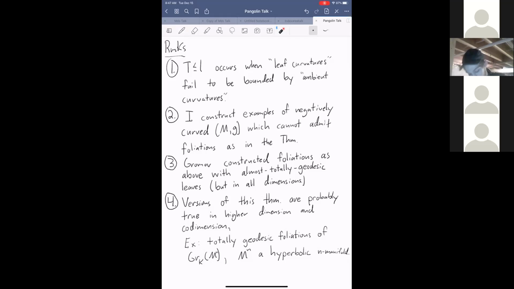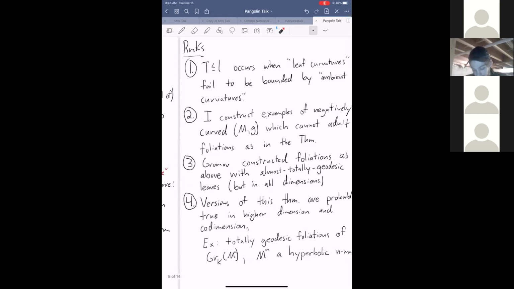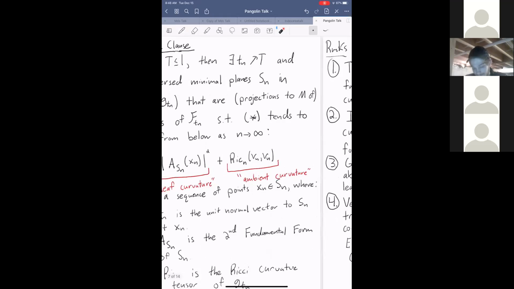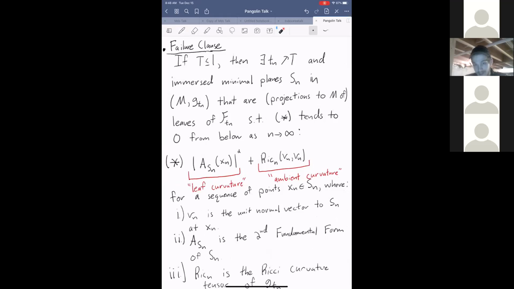And the theorem that I haven't actually written down, but I'm about 99% sure of, is that if you take a one-parameter family of metrics starting at the hyperbolic metric, like in the theorem that I just said, then you should be able to construct foliations of GRK of M, like in the theorem, and it'll work until the leaf curvatures get bigger than the ambient curvatures.